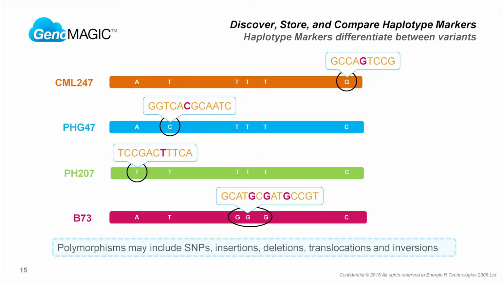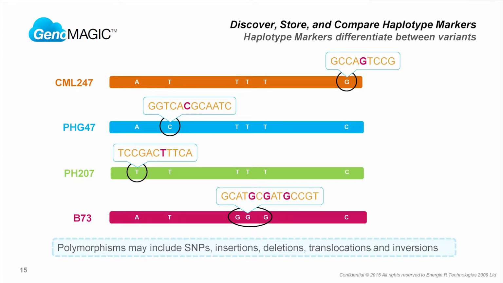So you need to go through all the genome and understand which of the polymorphisms are actually identifying uniquely that specific sequence in B73, be it PH207, and so on. What we do is we use our assembly capability and the fact that we know the sequences to actually extract those markers, and we call them haplotype markers, and we take the full sequence, and now this little sequence here is becoming a marker for that haplotype.